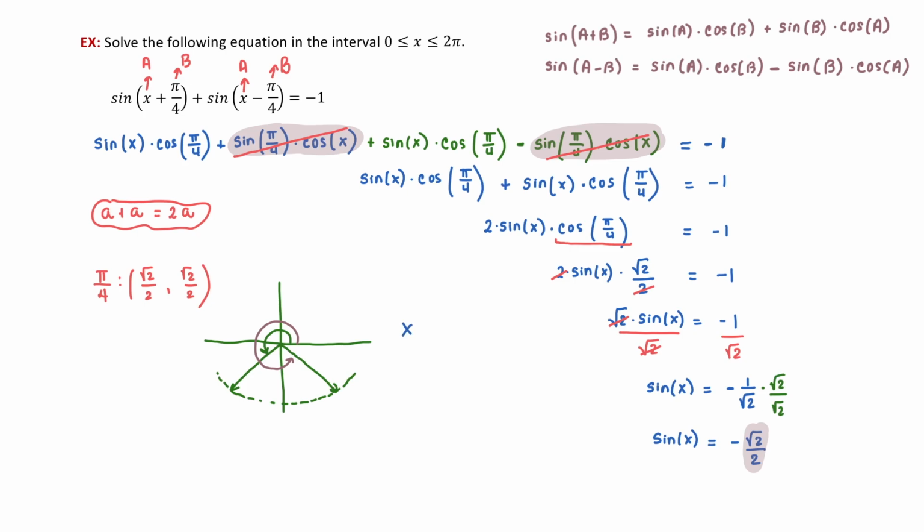So x in quadrant III, I'm using Roman numerals for quadrant 3, that will be 5 pi over 4. And then the angle right here in quadrant 4 will correspond to 7 pi over 4. And just like this, we have exactly the two solutions that are within the restricted domain from 0 to 2 pi.